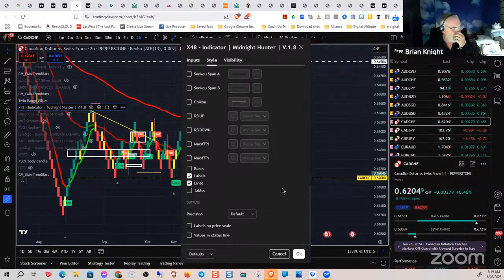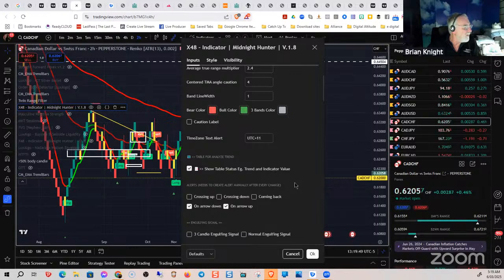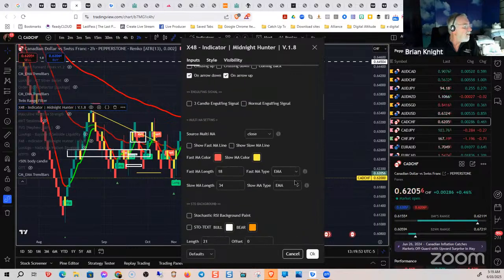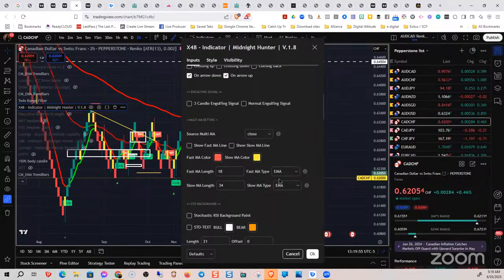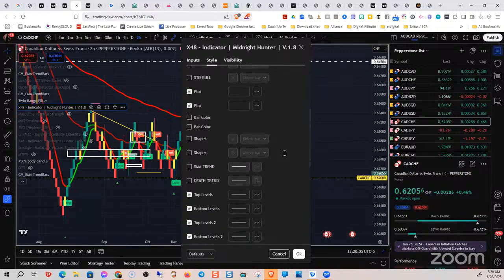You won't get lines because we don't have inputs. No, just go to the style. It's the plots. You have the plots checked.